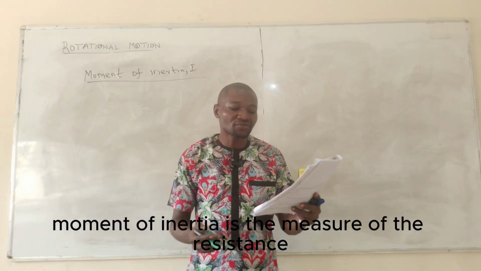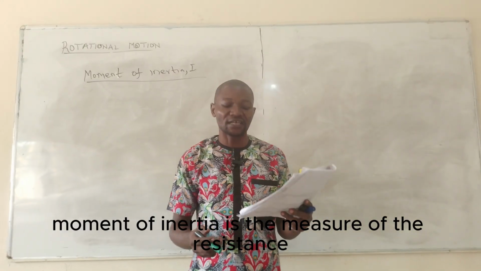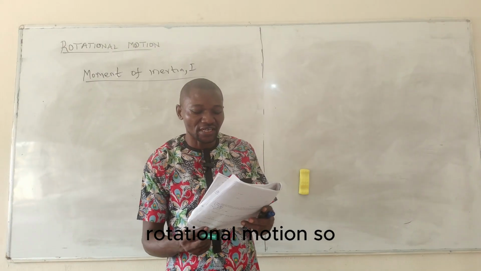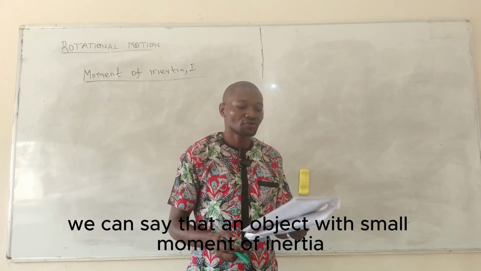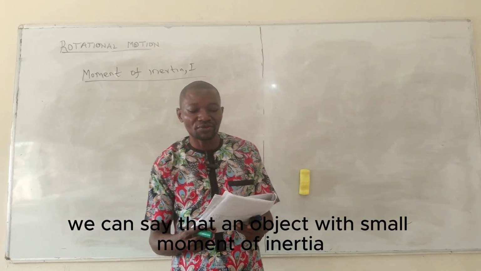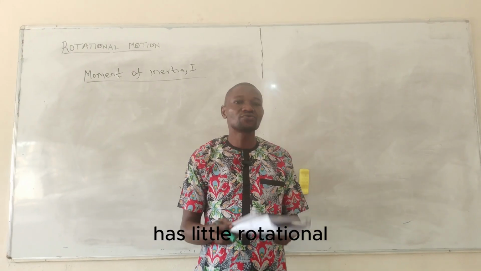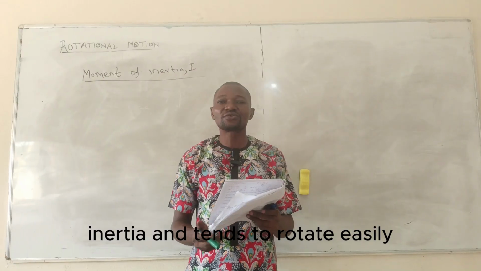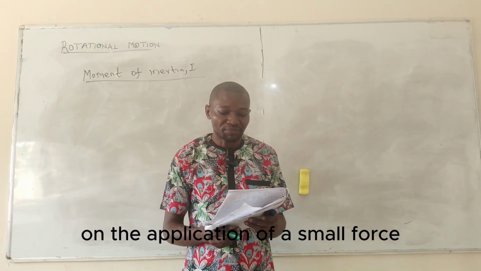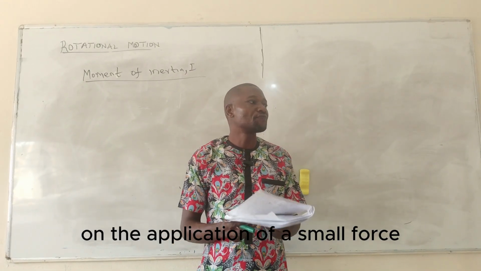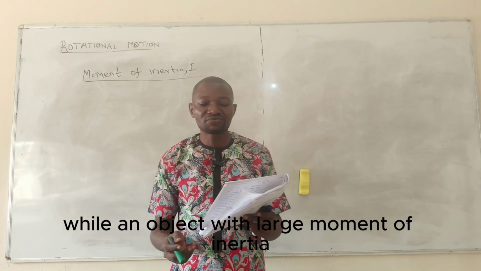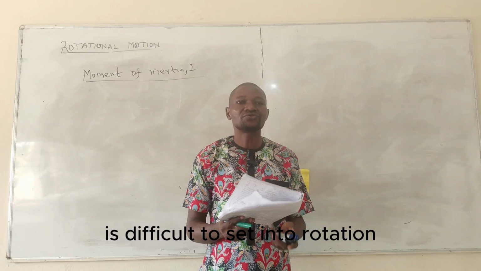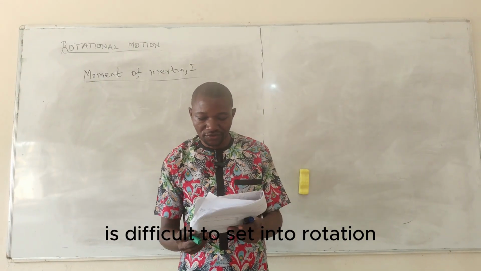So we say moment of inertia is the measure of the resistance of an object to changes in its rotational motion. So we can say that an object with small moment of inertia has little rotational inertia and tends to rotate easily on the application of a small force, while an object with large moment of inertia is difficult to set into rotation.